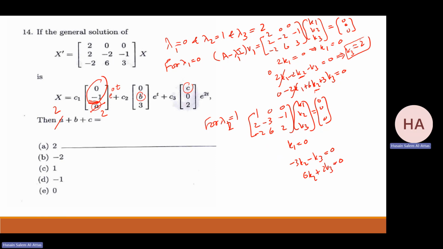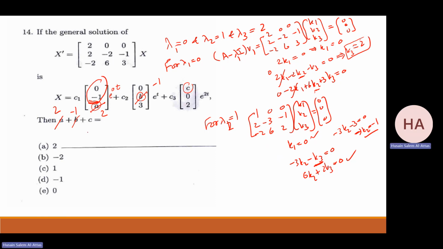What he gave me? He gave me K1 equals 0, and he gave me K3 is 3. So I have minus 3K2 minus 3 equals 0, so K2 equal minus 1. Check here: minus 6, 2 times 3, minus 6 plus 6 is 0, so it's okay. So K2 equal minus 1, so B equal minus 1.